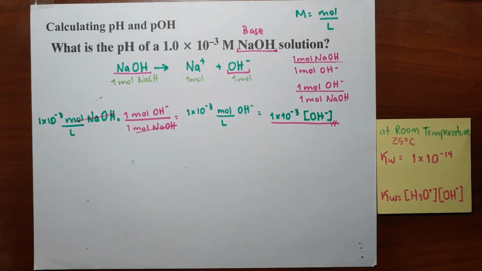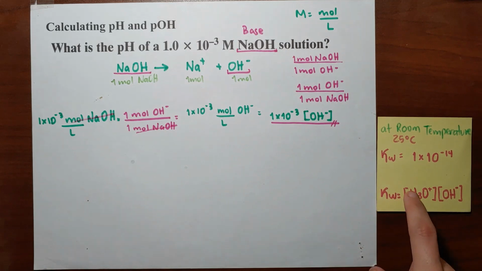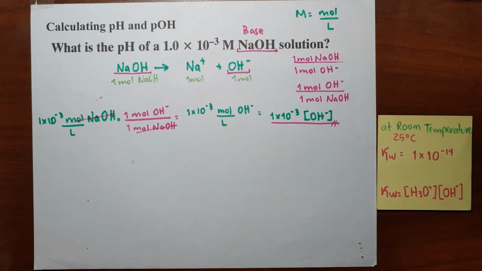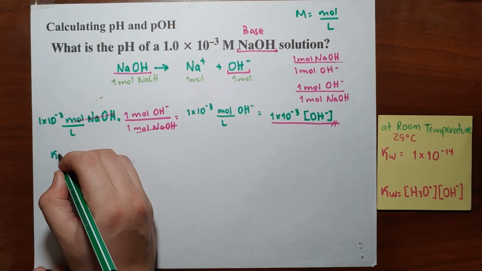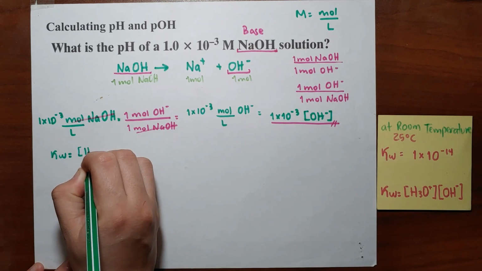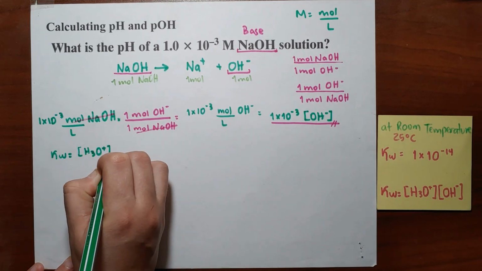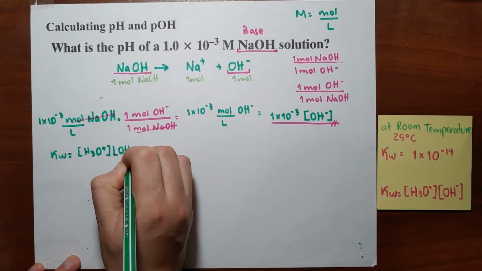So you can get the hydronium concentration by using Kw. Kw equals H3O plus times OH minus.